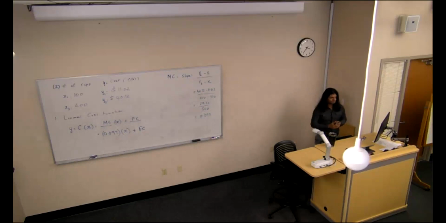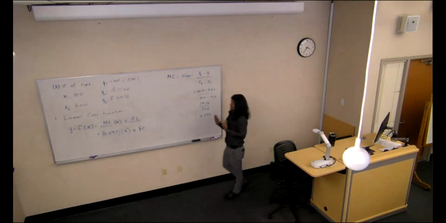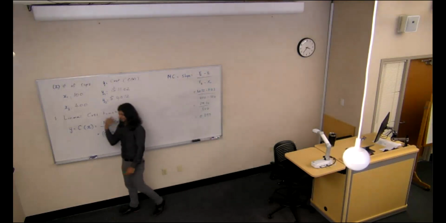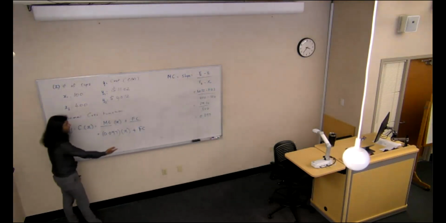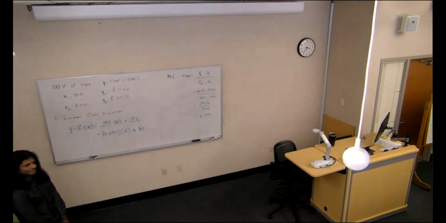Jacques suggests, could we plug in the values of X and Y to find fixed cost? Should we go with what Jacques says? Yes. Does it matter which point we plug in?